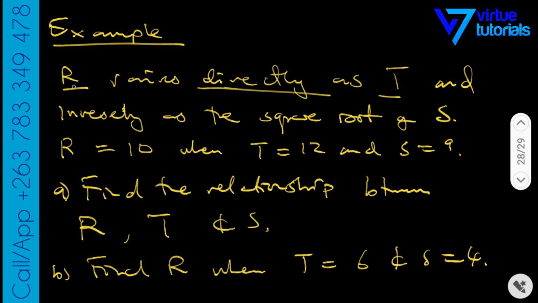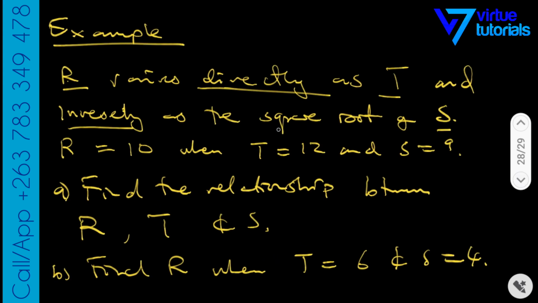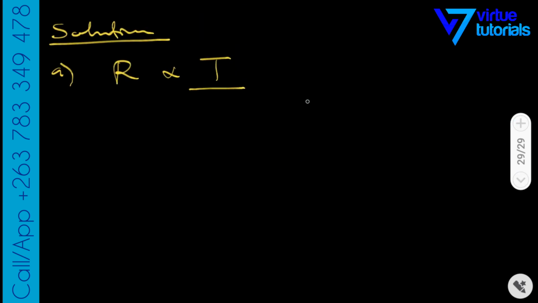But then the relationship between R and S is inverse. So we need to show that. So R varies directly as T, but inversely as the square root of S. So this is how we write it.